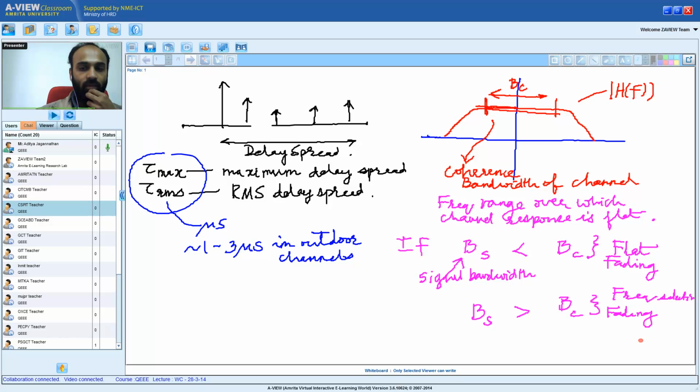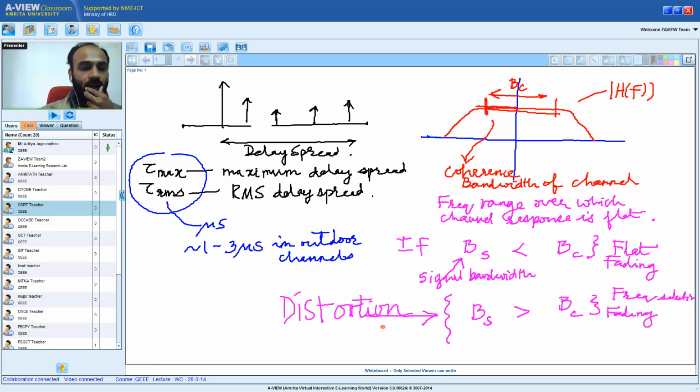Of course, if BS is greater than BC, then there is distortion in the received signal spectrum.